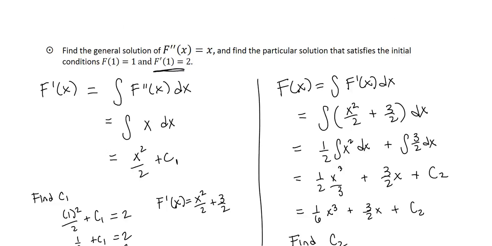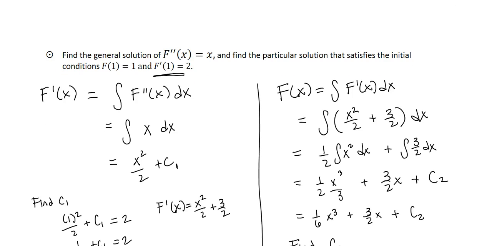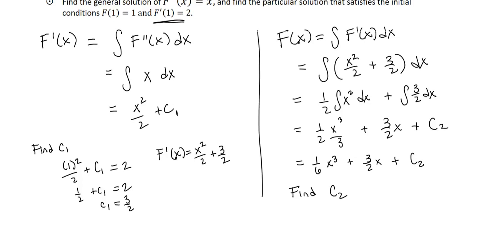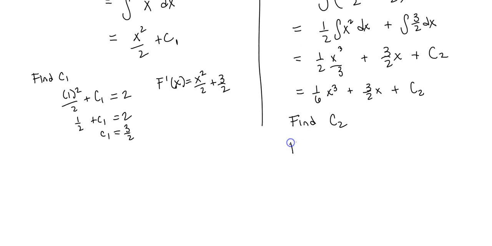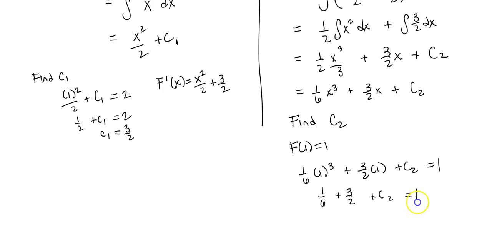I'm going to use the other piece of information that I had, that f of 1 is equal to 1. So that means that 1/6 times 1 cubed plus 3/2 times 1 plus c sub 2 is equal to 1. That tells me 1/6 plus 3/2 plus c sub 2 is equal to 1.